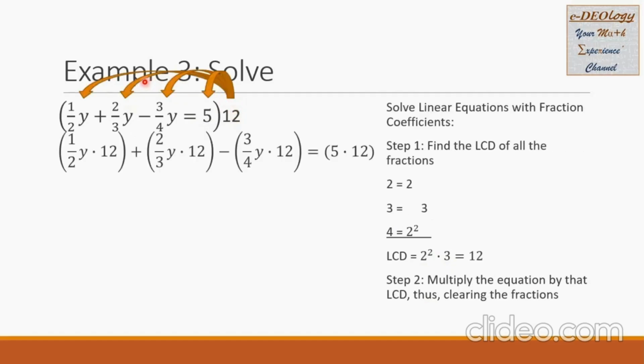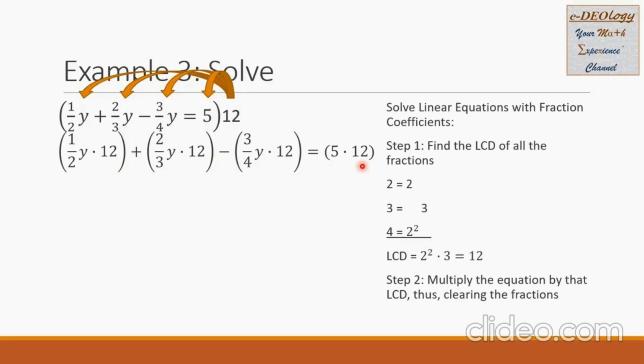So it will be like this. The 1/2 y times the 12, it's here. And then plus the 2/3 y times 12 is also here. Minus 3/4 y times 12 is here. Then equals the 5 times 12.